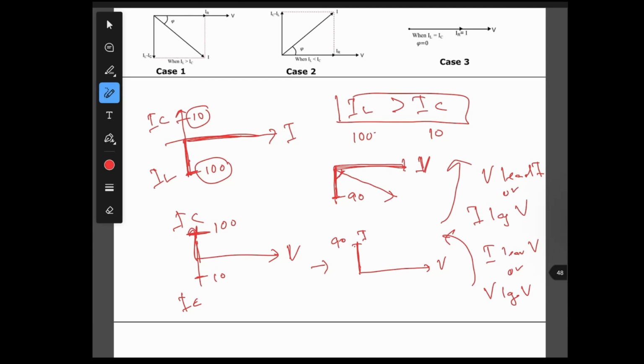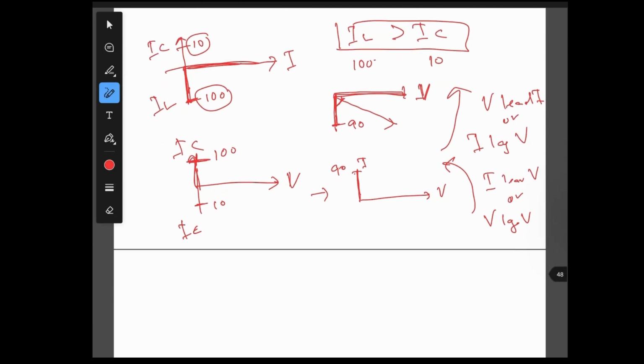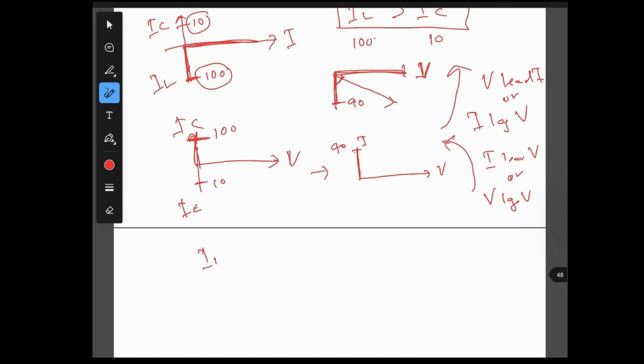The third case is IL equal to IC. For example, IL 20, IC also 20. So the difference will be 0, and we only have voltage. So IC minus IL is on the real axis.